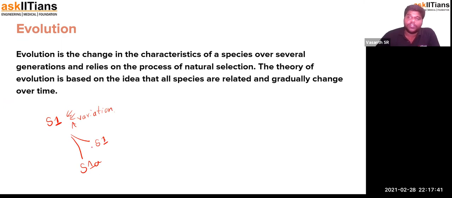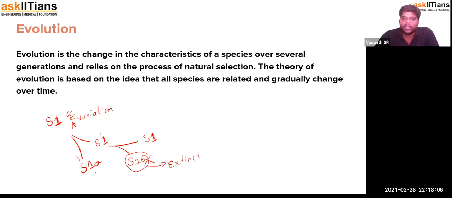If the environmental features support the living of both S1 and S1A, then both will live. Again, S1 could deviate into S1B, and still S1 will remain. Now, when the environmental features do not support S1B, the S1B will become extinct.